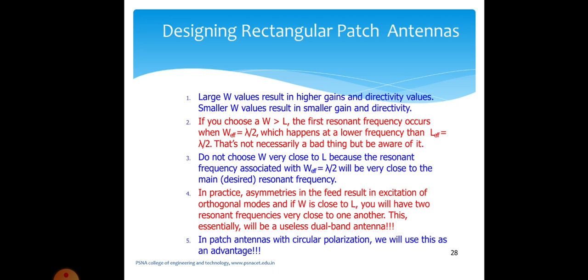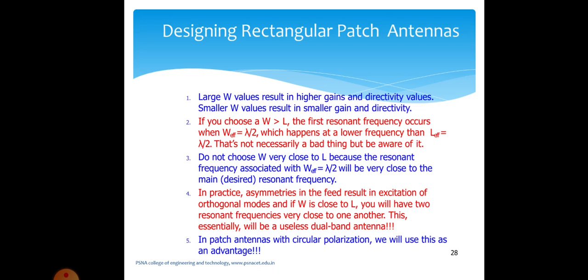There are some important factors in designing a rectangular patch antenna. A large width value results in high gain and directivity, but a smaller W results in small gain and directivity. If we choose W far greater than L, the resonance occurs when it is lambda by 2, the optimum wavelength.